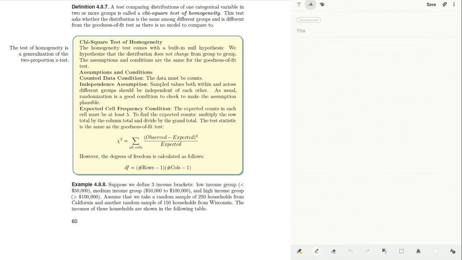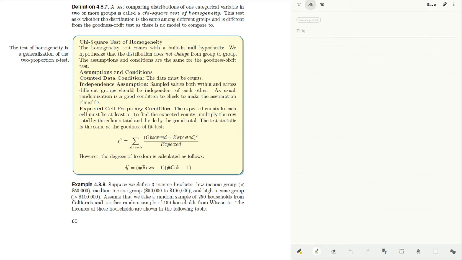And as the name suggests, this test will ask whether the distribution of a categorical variable is the same among different groups. And this test is different from the goodness of fit test since there is no model to compare to. And this test is also a generalization of the two proportion Z test to multiple categories or multiple groups.